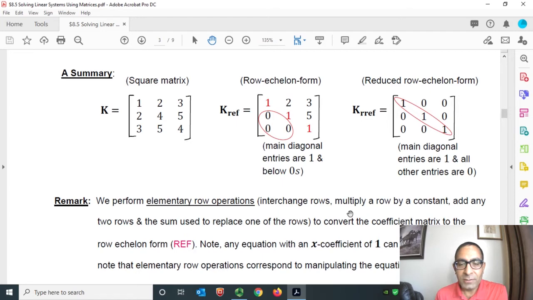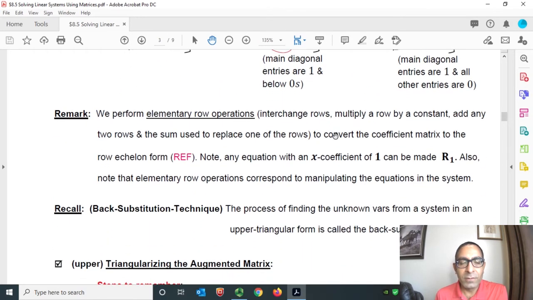Quick remark: we perform elementary row operations, that is, interchange rows, multiply a row by a constant, add any two rows and the sum used to replace one of the rows, to convert the coefficient matrix to the row echelon form. Any equation with an x coefficient of 1 can be made row 1 in elementary row operations.